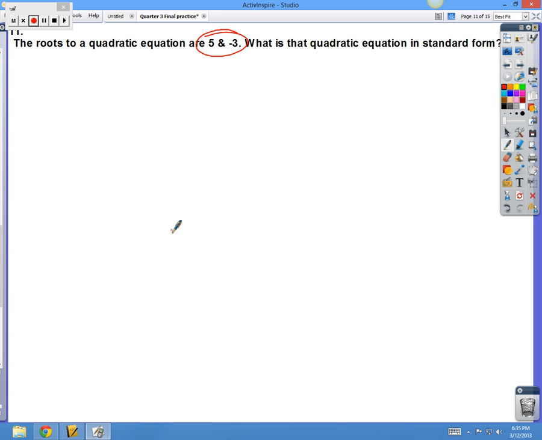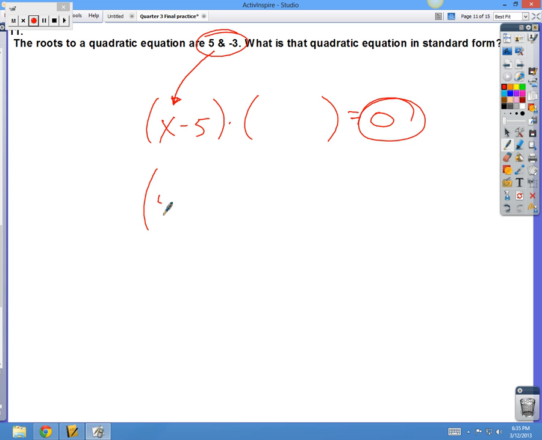So if your answer is going to be 5, here is what I know. I am going to plug 5 in right here in place of x, and I want to end up at a 0. So I'm going to write x subtract 5, because if I plug in a 5, then it's going to be 5 subtract 5, and that is 0, and 0 times anything is going to give me 0, and this is what I want.